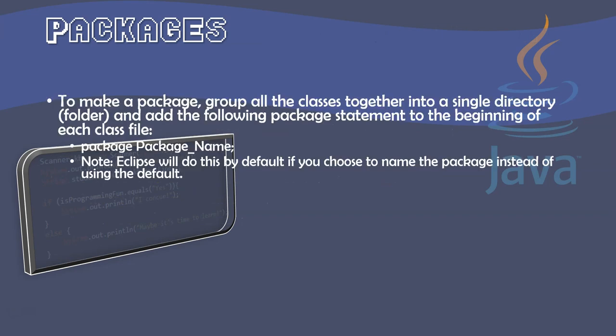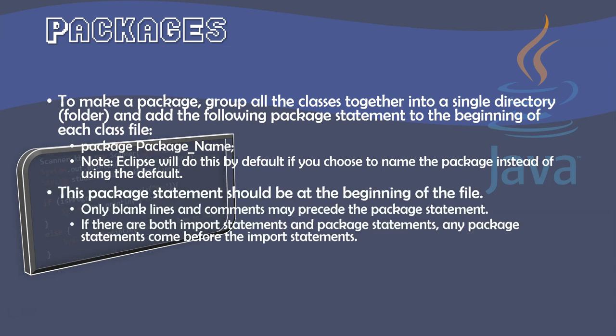So with packages, if you actually want to make a package, we group all the classes together into a single directory or folder, and then add the following package statement to the beginning of each class file: package, package name. Eclipse will do this by default if you choose to name the package instead of using the default package. The only things that come before it are blank lines and comments.